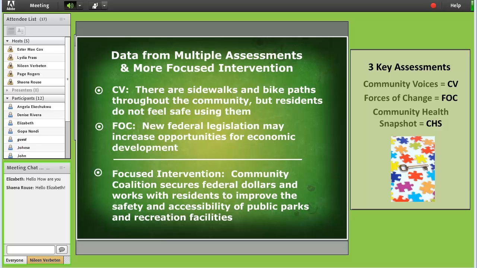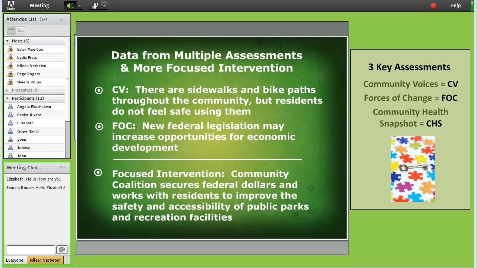So these great assets are there, but folks are not taking full advantage of them. And then if you take your Forces of Change assessment, you learn that economic development is a priority in this community and that there is legislation impending that has occurred and is creating some funding opportunities.